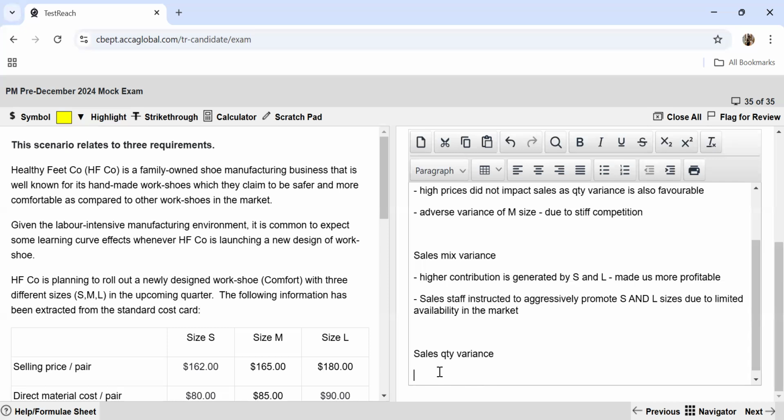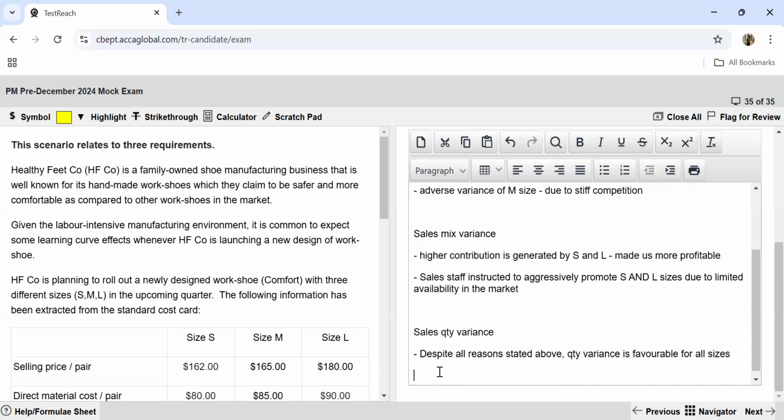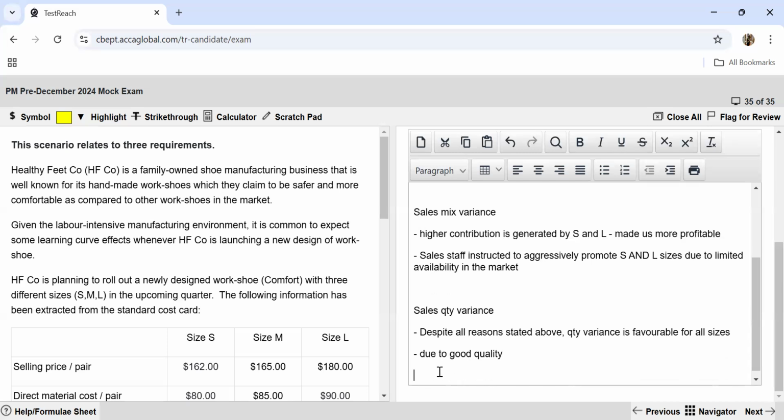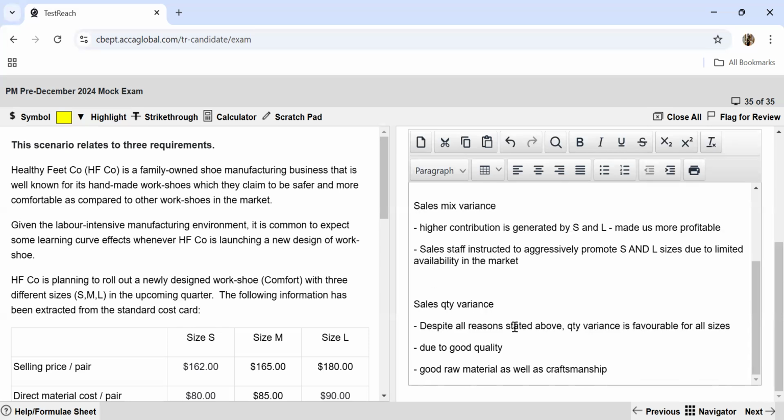So despite all reasons stated above, quantity variance is favorable for all sizes. Reason could be due to good quality, good raw material, as well as craftsmanship, right? So this is your analysis of the variances.